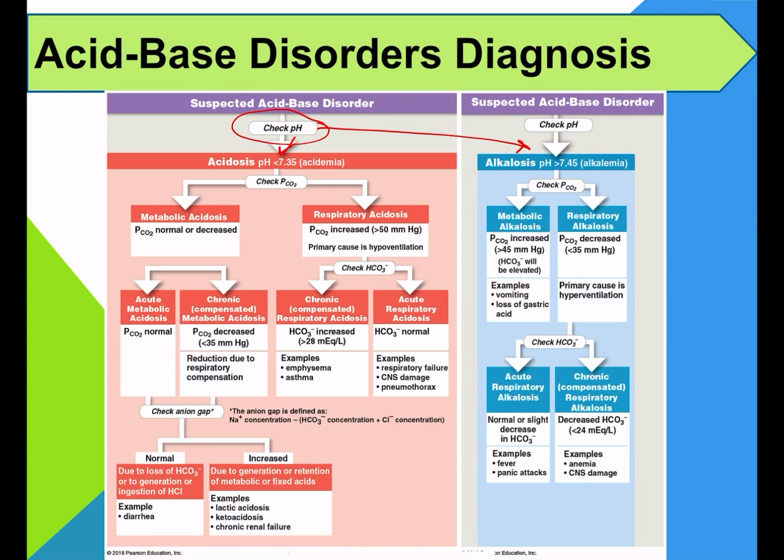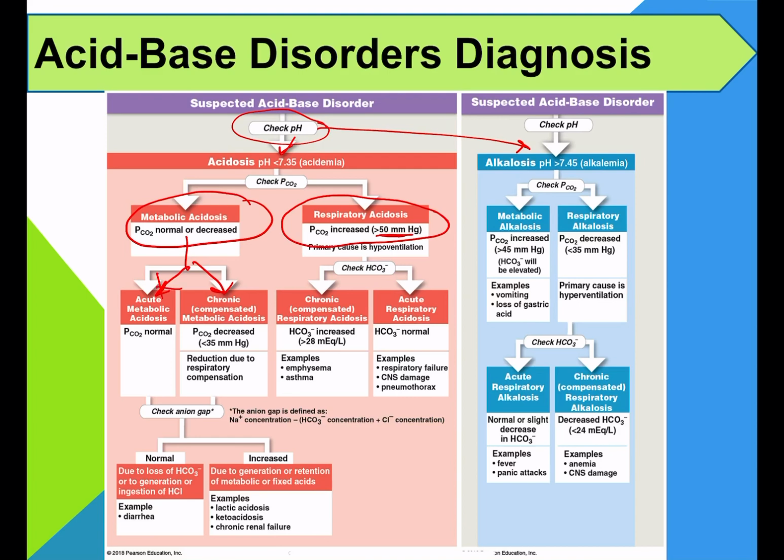Then you check their CO2 levels, their pressure of CO2 inside their body. If PCO2 is normal or decreased, then it has to be something to do with metabolic acidosis. If PCO2 is increased more than 50 millimeters of mercury, then it must be something to do with respiratory acidosis. Then you move on to a process of elimination depending on the situation in that particular patient.